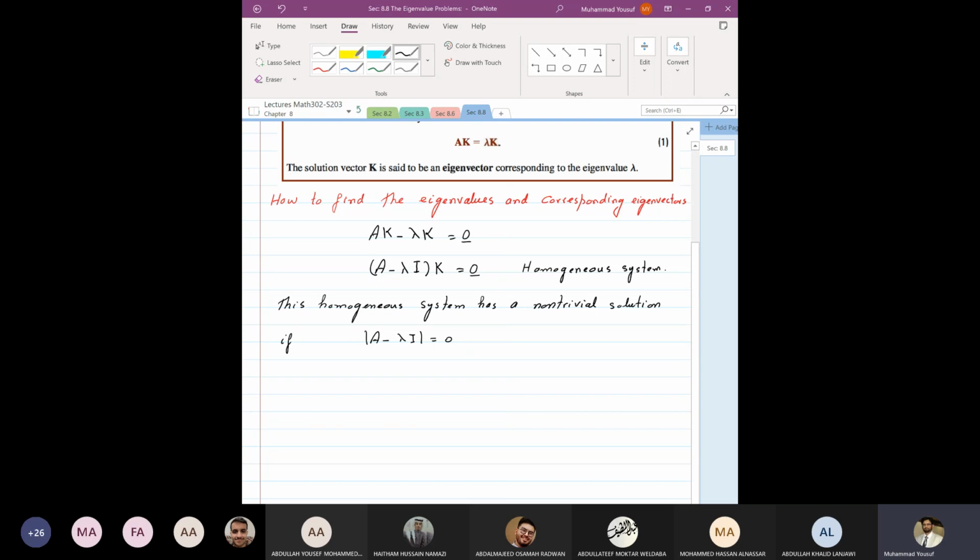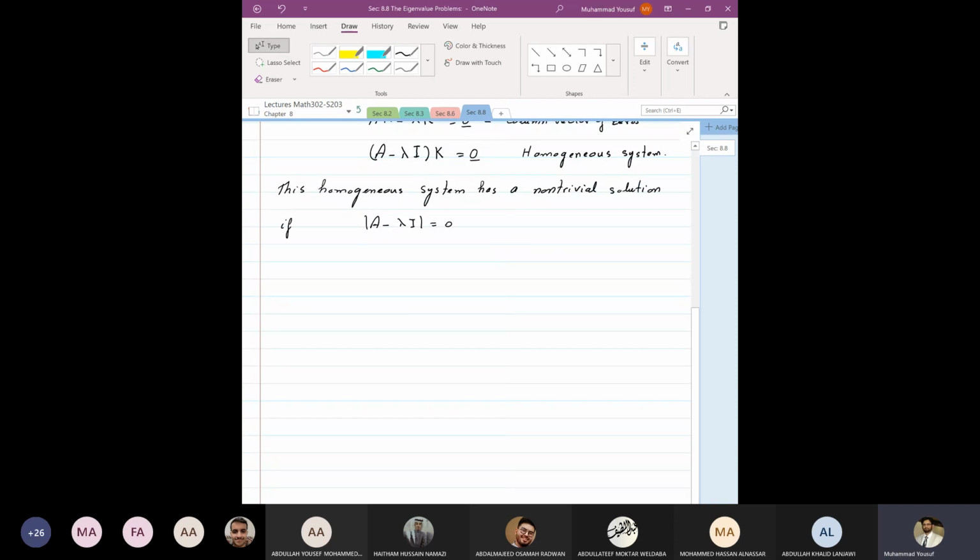You can do this, okay? So this means a column vector of zeros. So this homogeneous system has a non-trivial solution if this determinant is zero, that is, the matrix A minus lambda I is singular. So we will solve this equation and then find the eigenvalues. Once we find eigenvalues, we will put them back in this homogeneous system and solve the system.